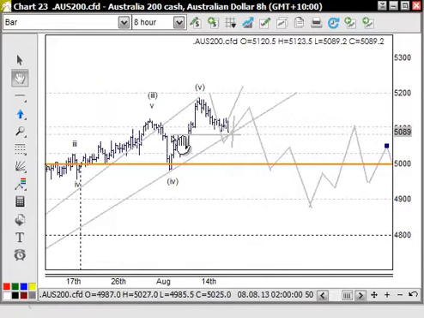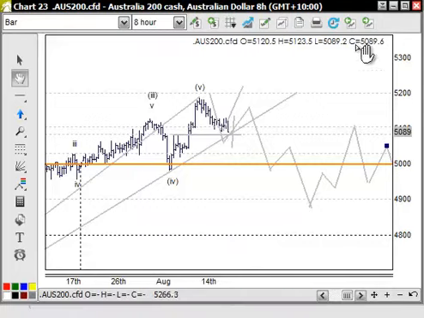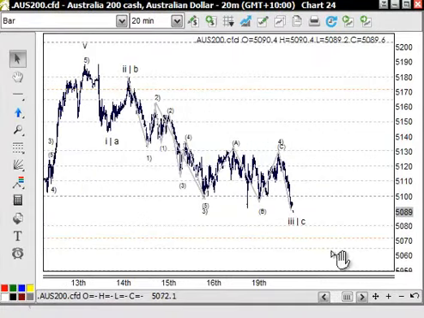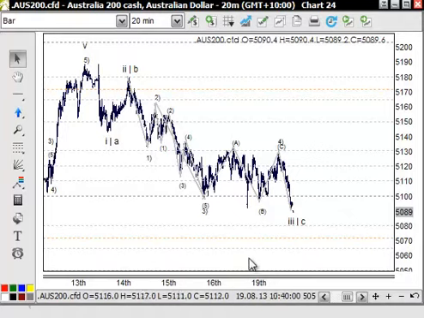Okay, so anyway, that 580 on the cash, breaking that is the first point there. On a more detailed level here, it's still not really giving us much either, because I can count this down here as an A wave, a B wave back to here, and then 5 waves down for the ABC here, for the wave C here, or it can bring us down into the 3rd wave here.